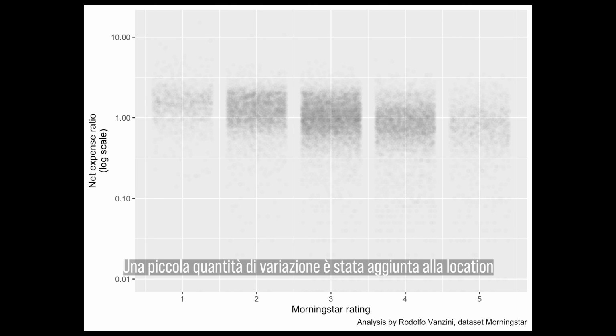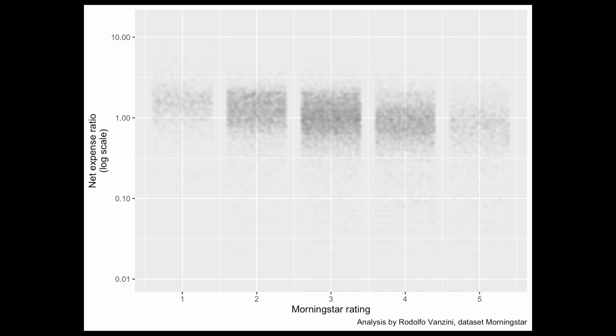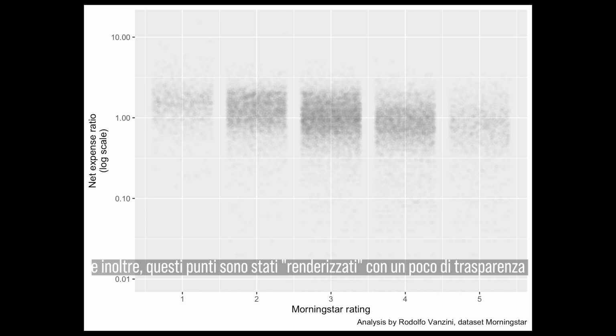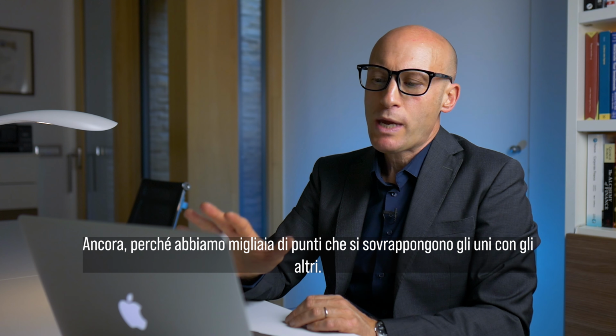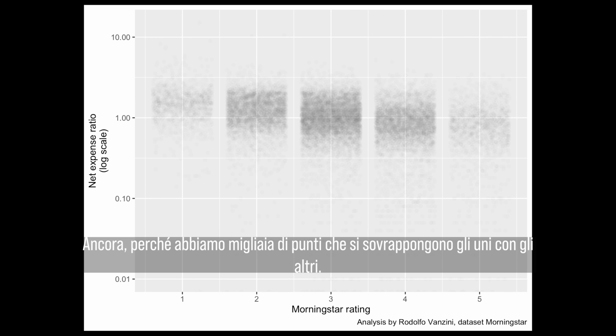A small amount of variation, or jitter, has been added to the location of each point, and besides, these points have been rendered with a little transparency to help overcome overplotting. Again, because we have thousands of points overlapping with one another.